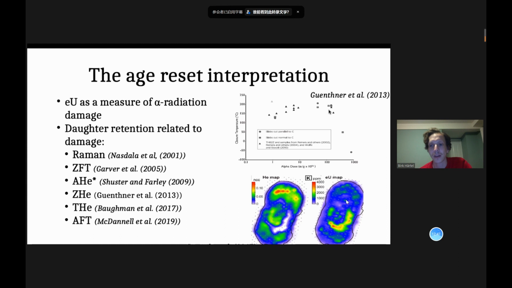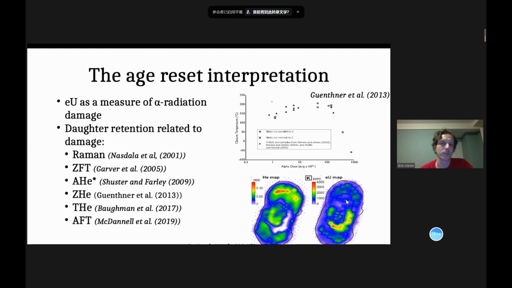Then we have more or less a threshold dose above which the closure temperature strongly decreases with increasing damage. So it is interpreted that at low levels of radiation damage, the closure temperature only changes a little, but above a certain threshold, the crystal lattice breaks down and it becomes very easy for the helium to escape, and therefore the zircon becomes very sensitive to a thermal reset.